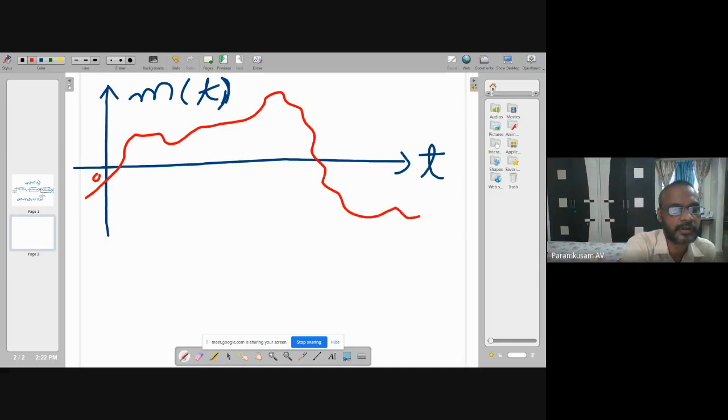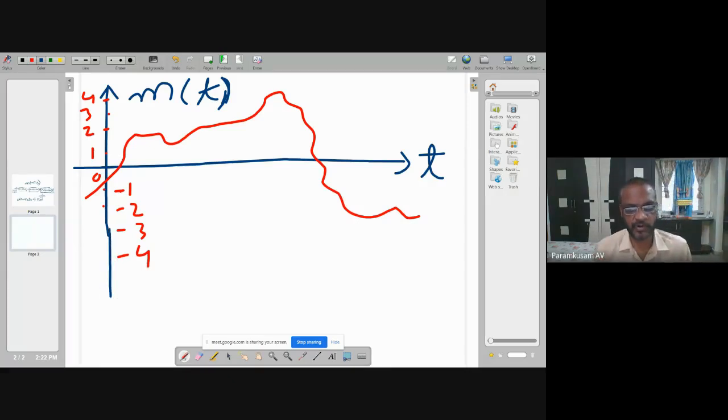Suppose the y-axis is the amplitude of m of t: 0, 1, 2, 3, 4, -1, -2, -3, -4. This is the y scale. The m of t is the analog signal. Particularly, it is a continuous time, continuous amplitude signal. That's why it is an analog signal.